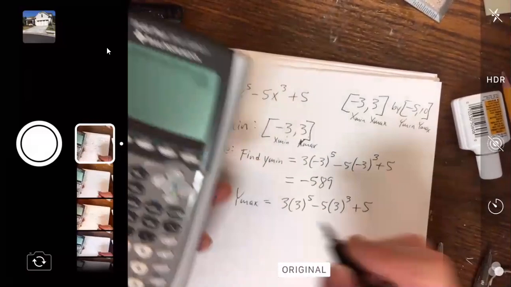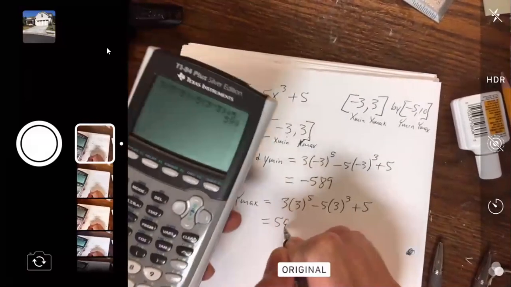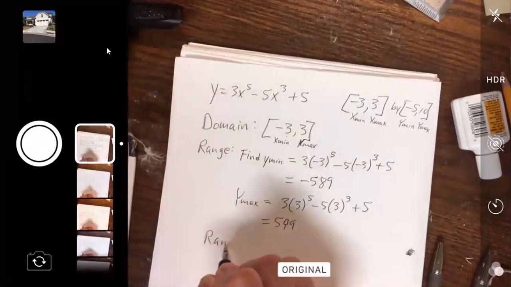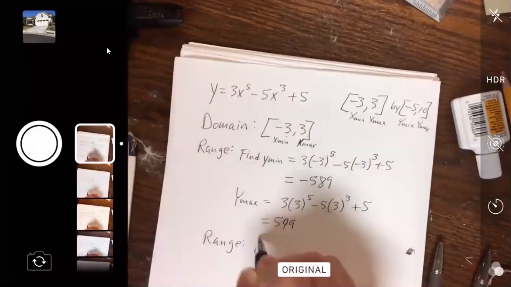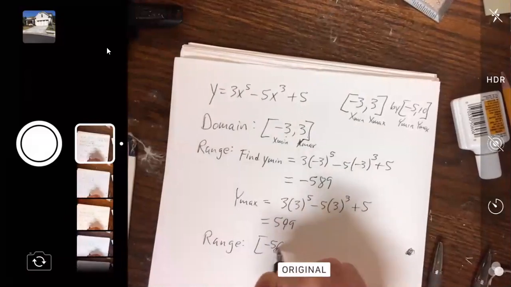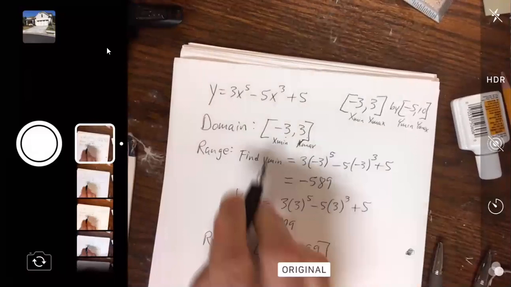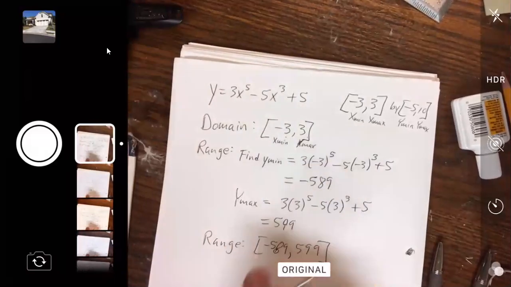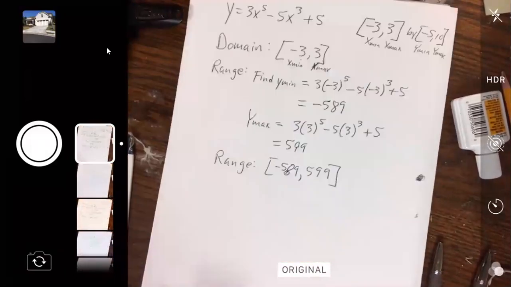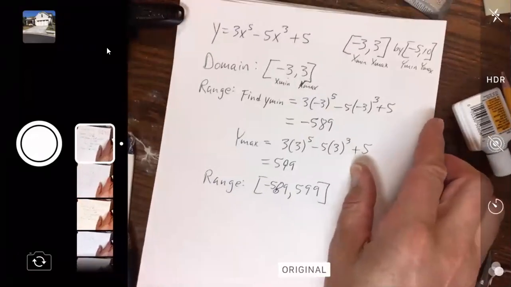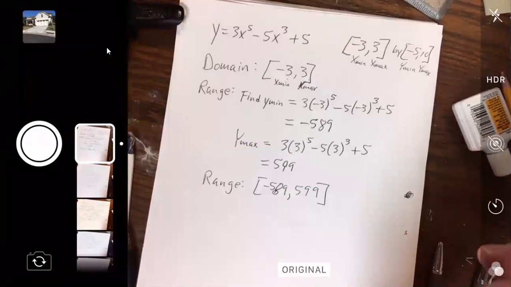I'm getting 599. So the range should be between -589 and 599. We're using brackets because they use brackets here. That's the way I would do it. You can try punching those in and see if it works.